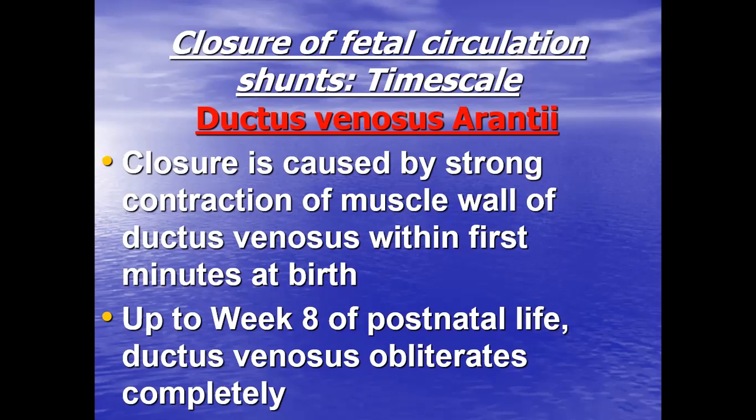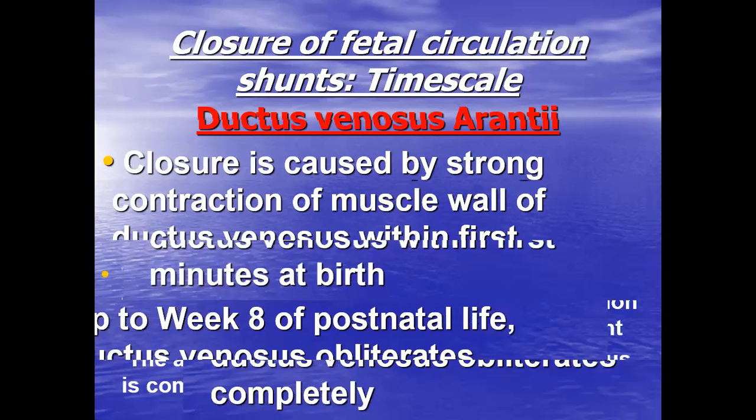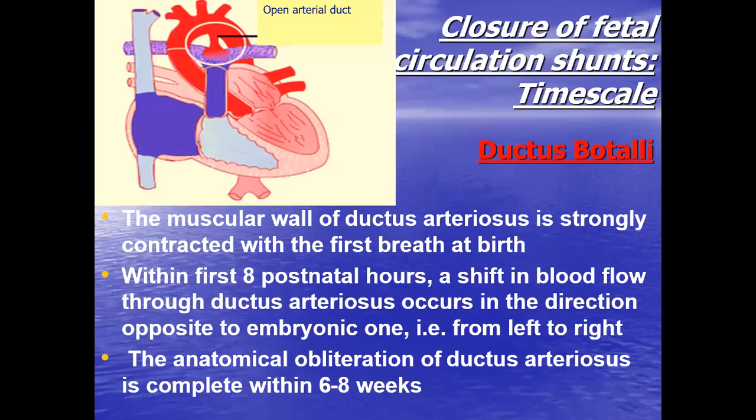And with the first breath of the newborn child, the spasm of the ductus arteriosus occurs. Meanwhile, the ductus arteriosus operates throughout the first 8 hours of postnatal life, providing for two-way flow of blood between the aorta and the pulmonary artery.